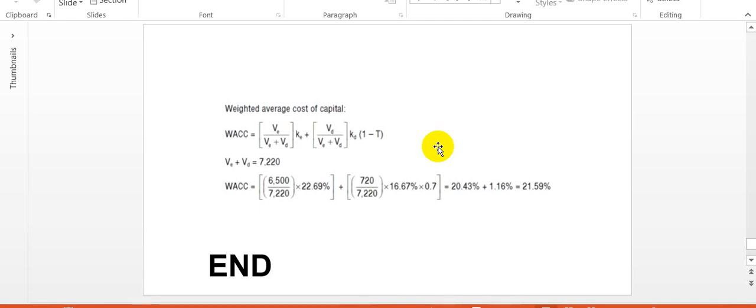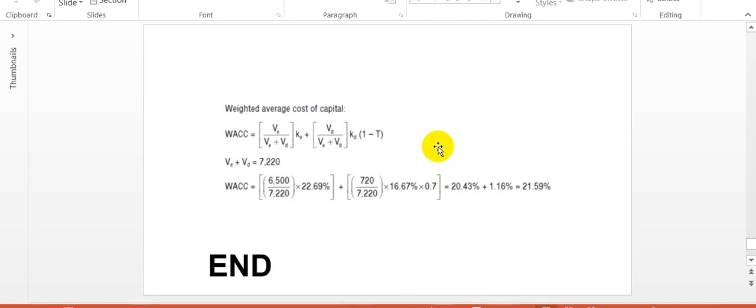The examiner really loves this part of the study, especially in section C as a full question, where you have to go through the different components of the cost of financing that we've done, which culminates into the WACC.